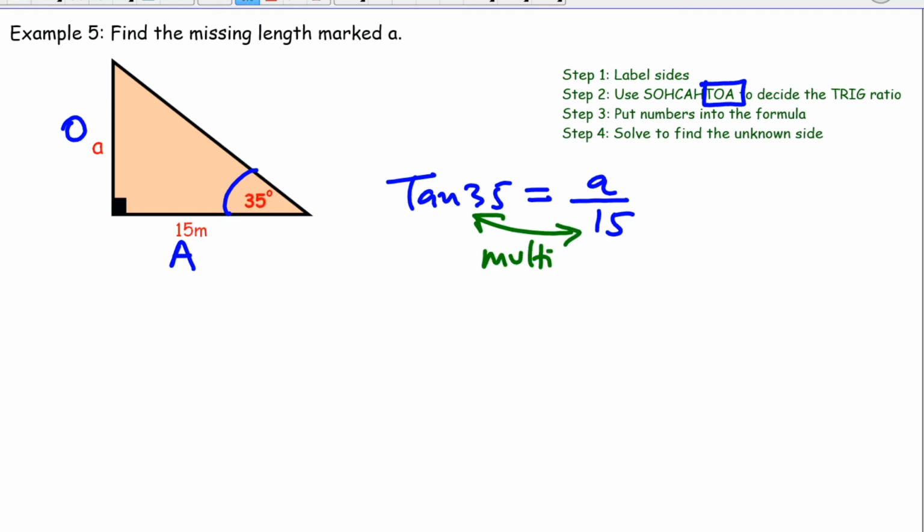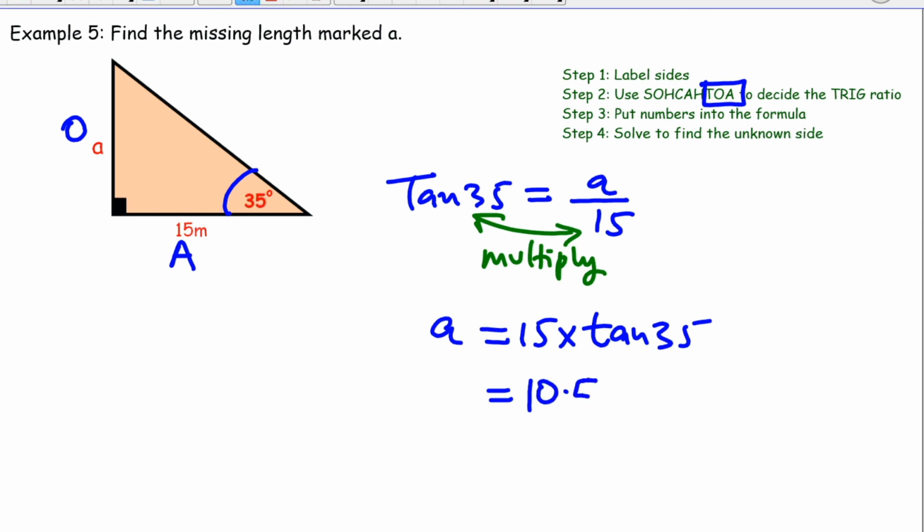Multiplying. So we're going to multiply, which means that A will be equal to 15 multiplied by tan 35. All right, plug that in our calculator. What do you end up with? You end up with 10.5 meters. Let's carry on.